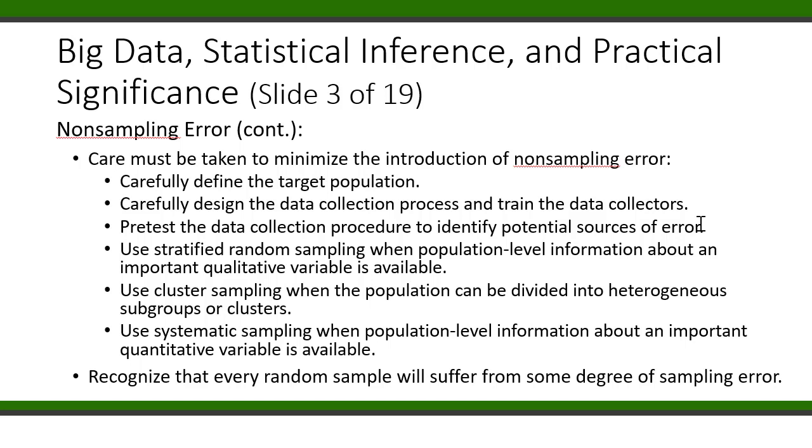So maybe you're looking at age groups and you need to know a certain amount of people in each range of ages. So you want to divide that in so that maybe later on you're going to do some kind of comparison between the different age groups. And that also relates to the last bullet point here, is to use systematic sampling when the population level information is about an important quantitative variable.